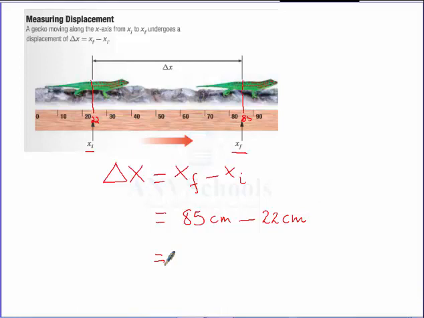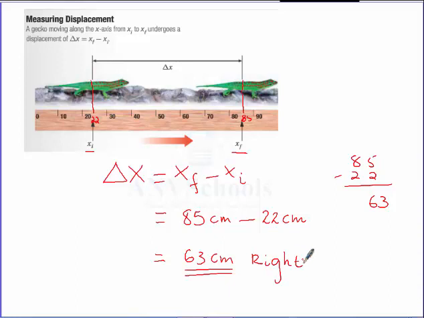The numbers are small, so we can use mental math, which gives 63 centimeters. This is the displacement of the object. So this gecko has displaced a distance of 63 centimeters to the right, or in the direction of the positive x-axis.